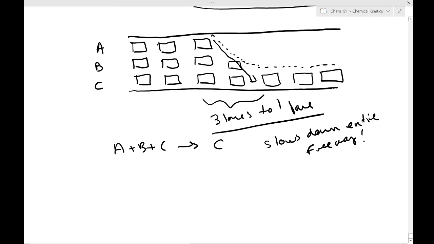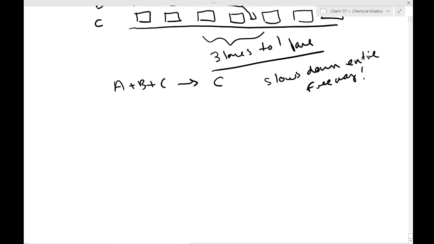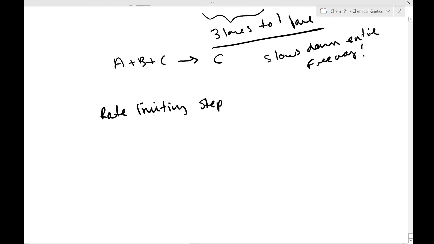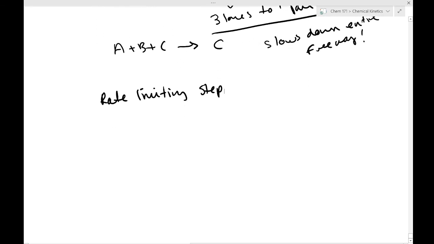You can imagine that this is also true with chemistry. There is a rate-limiting step within chemistry. And importantly, the rate-limiting step in chemistry, I'm not talking about the freeway anymore, determines the rate law for the overall reaction.